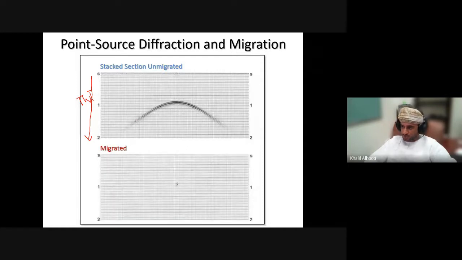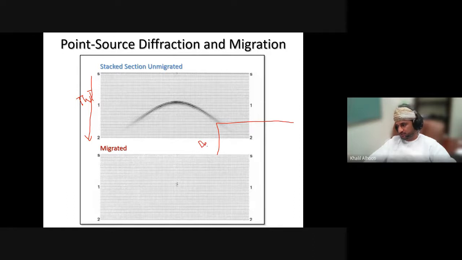So all those energies were collapsed back to the point from which they were generated. This is in the time section, in the seismic section. In the geologic section, that could be anything.